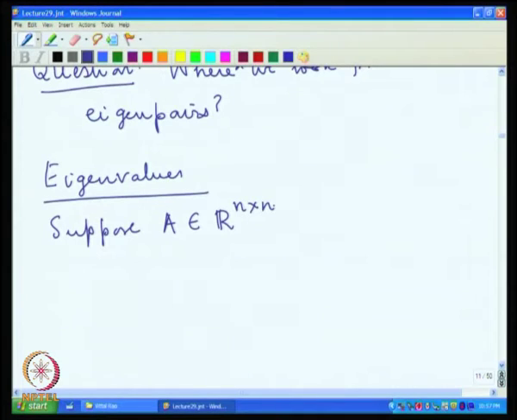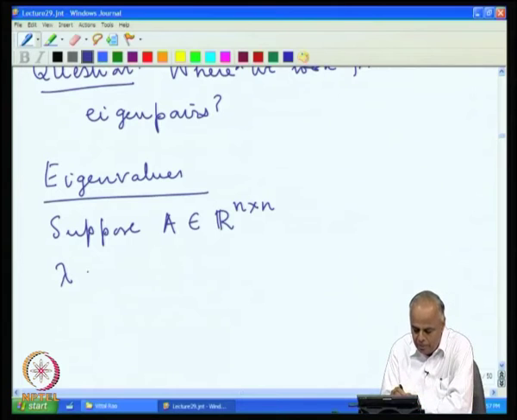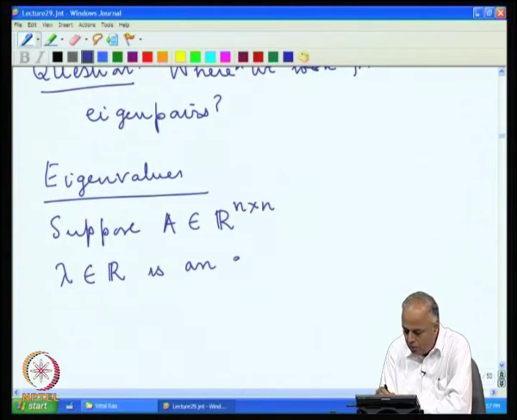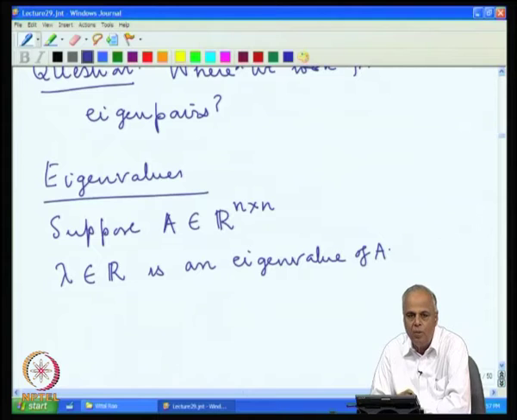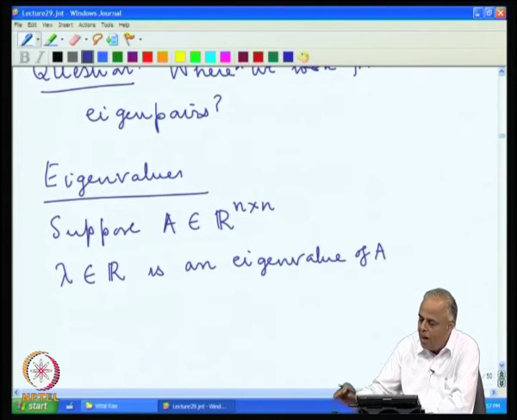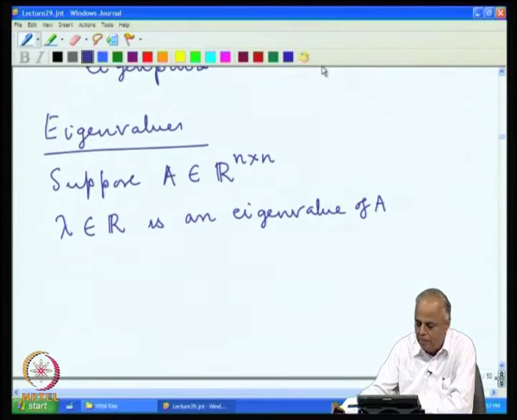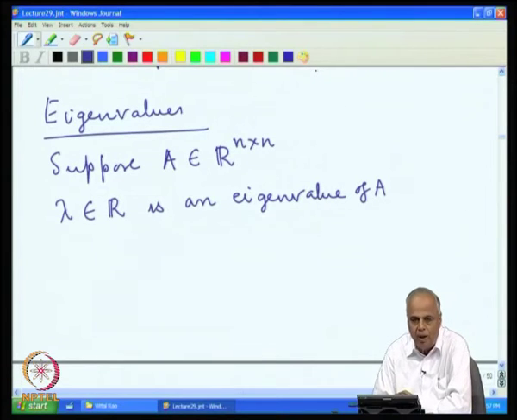Suppose we have a matrix A which is an n cross n real matrix, and lambda, a real number, is an eigenvalue of A. So, we catch hold of one of the known friends of A, namely the eigenvalues, and start analyzing it to see how it looks. Now, because it is an eigenvalue, every eigenvalue has an eigenvector.